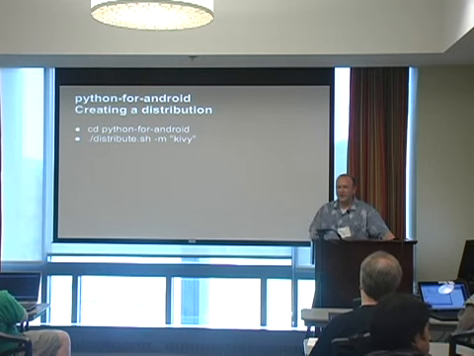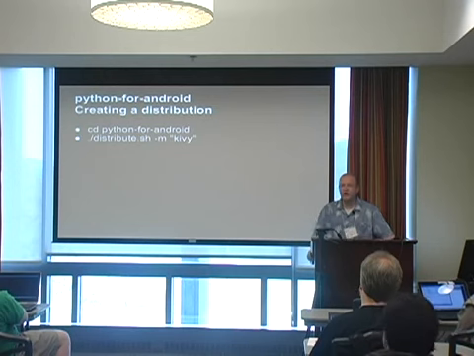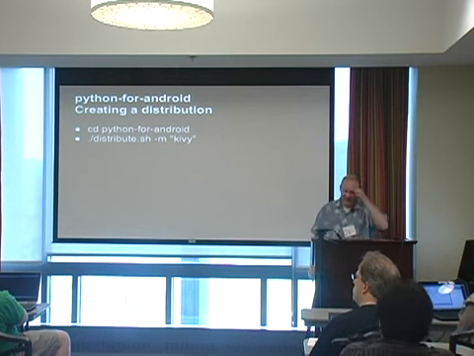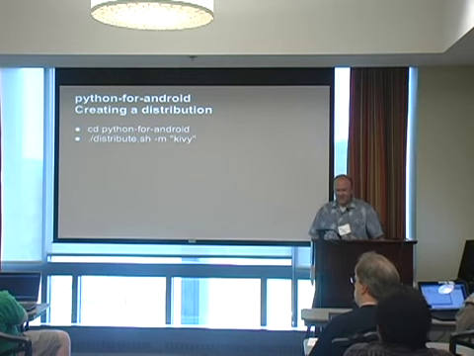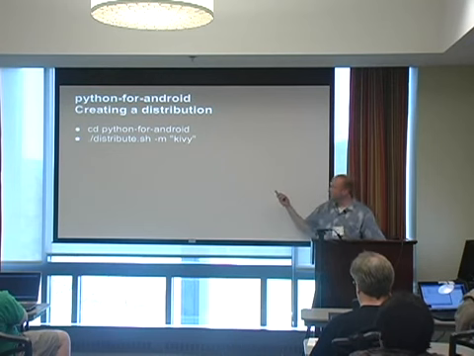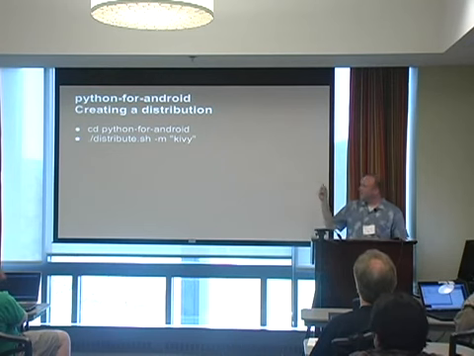This can make for big APKs. The minimum size I've found is about 6 megs. It doesn't grow as fast from there because you've got the whole Python core already in there. What are you going to write that's bigger than that? But yeah, when you create this distribution, you're creating that core.